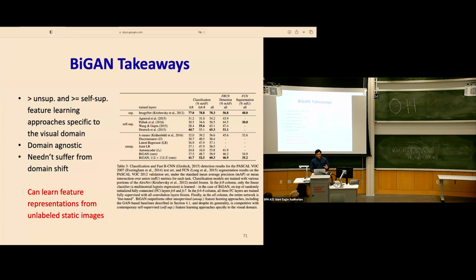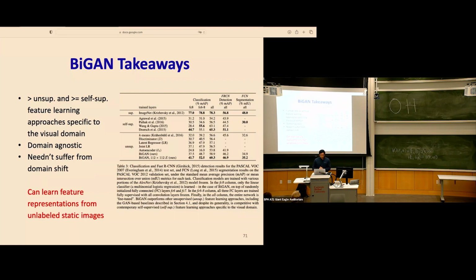So what are the takeaways? BiGANs were found to be better at feature learning than unsupervised models, and equivalent or better than some self-supervised models, which was a big thing in 2016, when the paper came out.